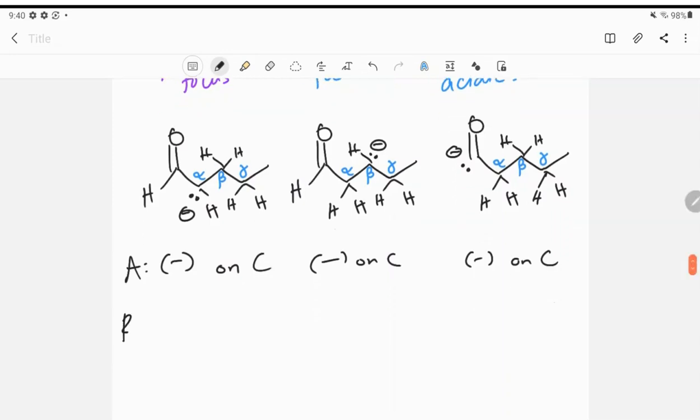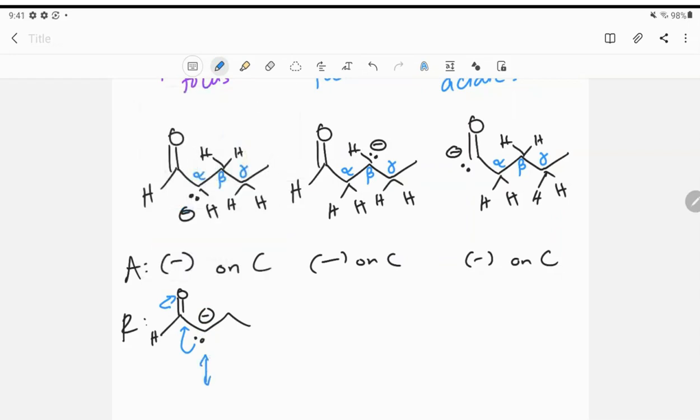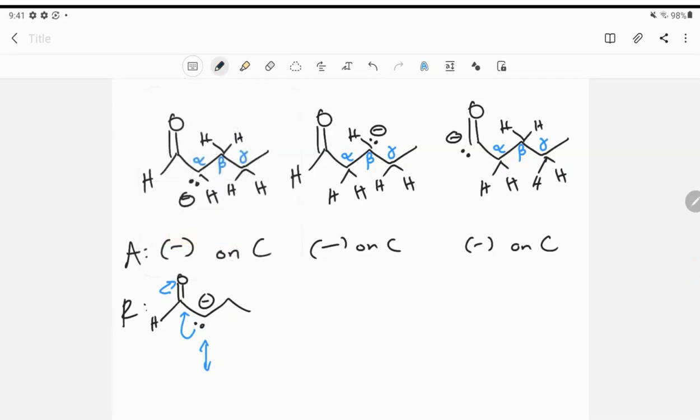If we look at resonance, and we try to resonate this thing, lo and behold, we can do that, which would give us, I'll just go vertically here, we end up with a negative charge on the oxygen instead.